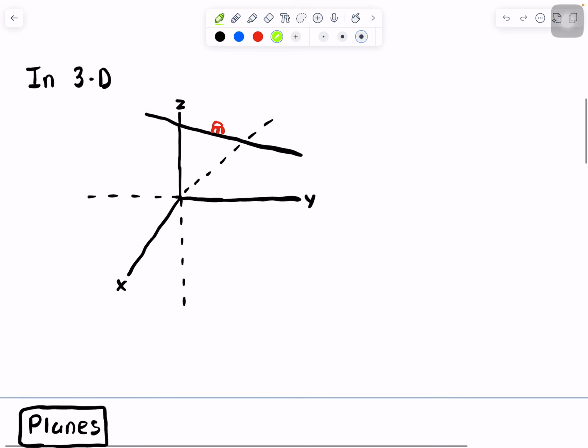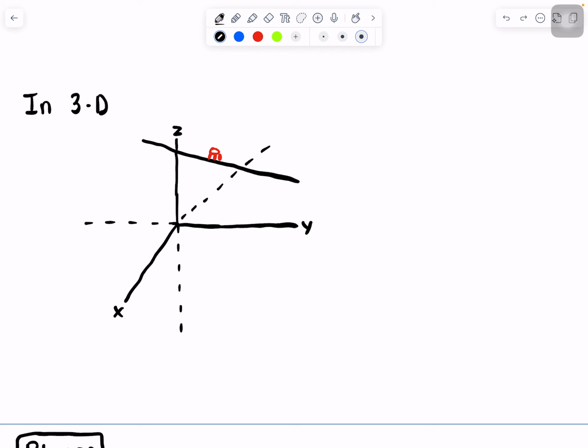Okay. So again, the same parameters we need in 3 dimensions to define a line: one direction, and one point. Okay.